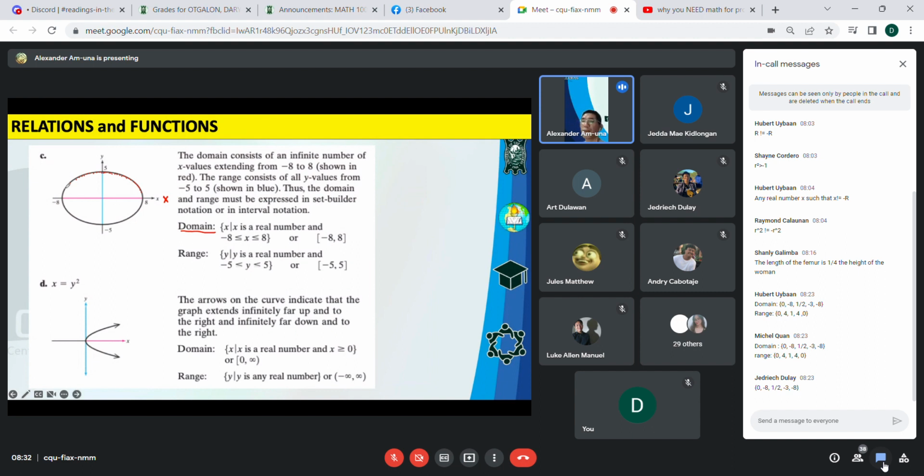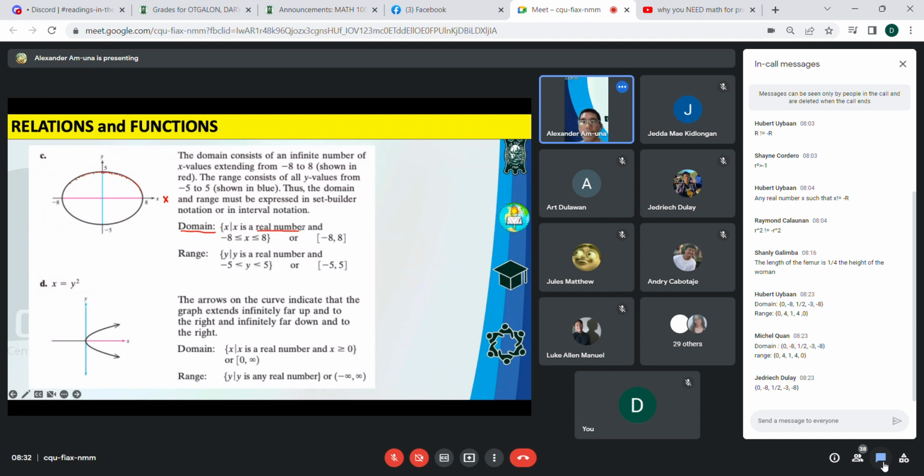Ayun, papasok yung pinag-usapan natin kanina. Right? Use the variable and then state the property. So we say the domain is x such that x is a real number. That's the first property.